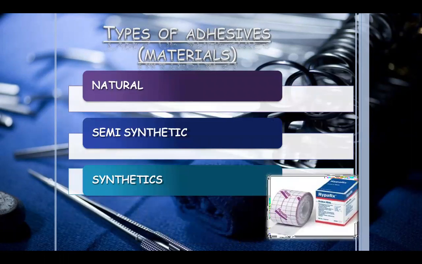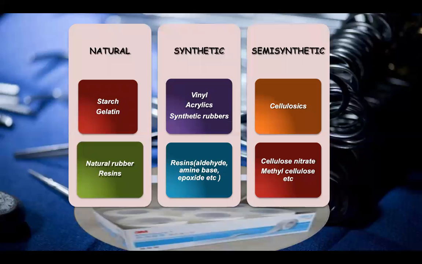Natural materials include starch and gelatin, and natural rubber resins may be used in these tapes. Synthetic materials include vinyl, acrylics, synthetic rubbers, resins, aldehyde, amine base, and epoxide.